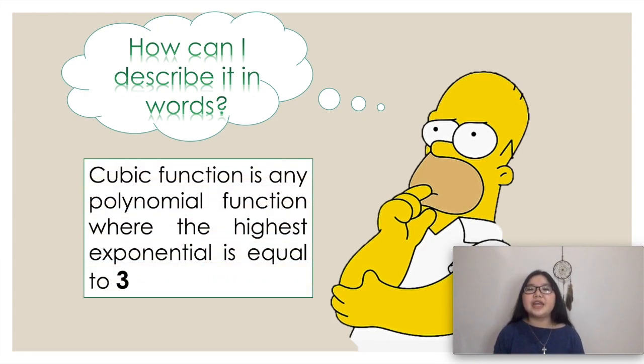A cubic function is any polynomial function where the highest exponent is equal to 3. Do you remember the highest exponent of the quadratic equation? Definitely it is 2. So comparing the quadratic equation and cubic functions, the exponent of the cubic function is higher than the exponent of the quadratic function.